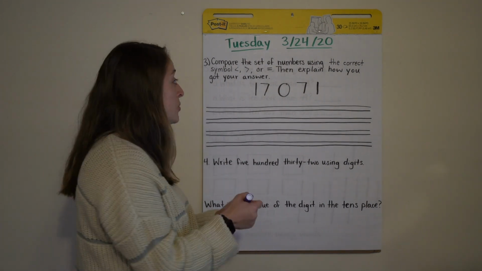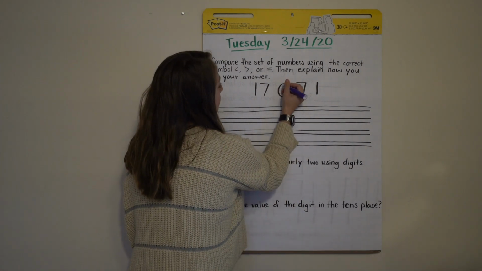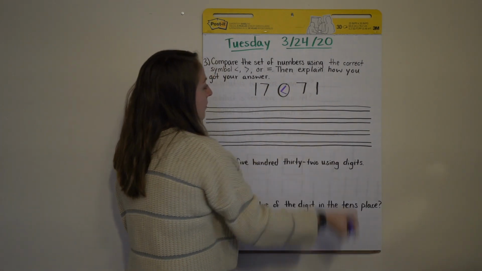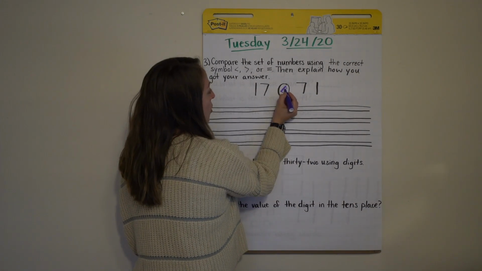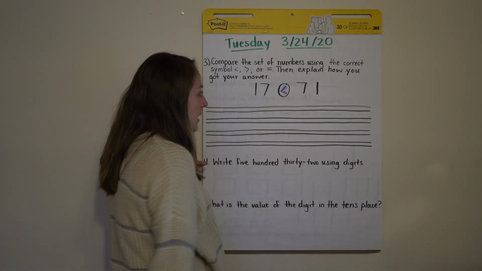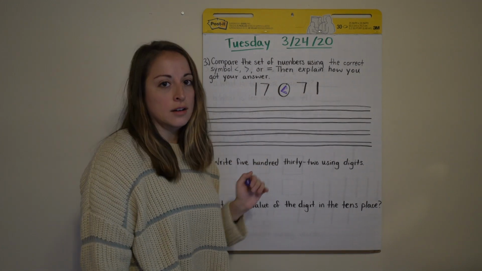Okay, so if you did this symbol, you are correct because the alligator mouth is always eating the bigger number.